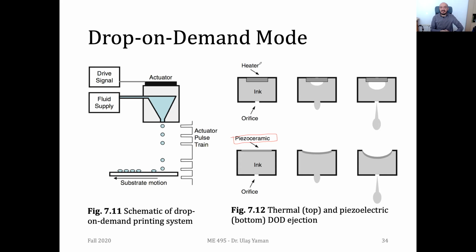You cannot easily increase the temperature of this heater and then decrease it, since you need to wait for the heat to be dissipated. But piezoceramic actuators are highly fast. They can respond in some nanoseconds even. So if you apply some voltage to a piezoceramic actuator, you can expand this part and a drop will be generated.